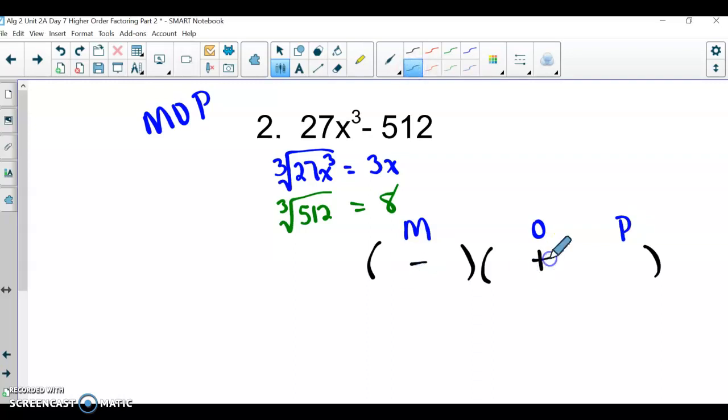The opposite would be plus, and then leave a positive. Okay, now let's figure out what we're going to write. We're going to do the following. We're going to write 3x in here, those 3x, and minus 8.